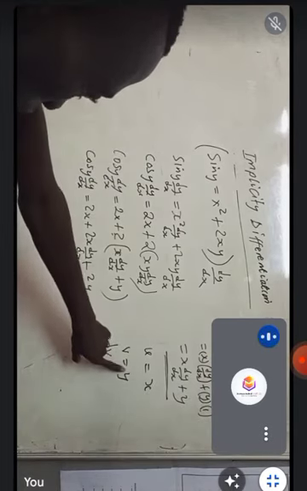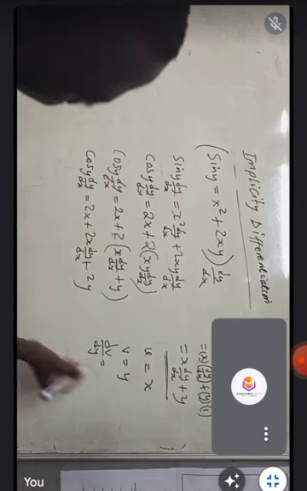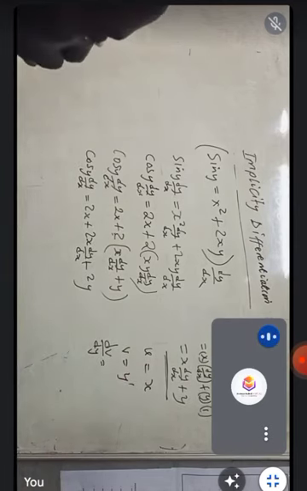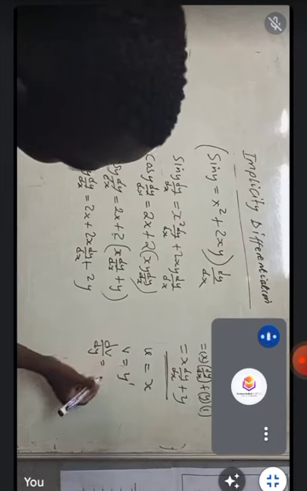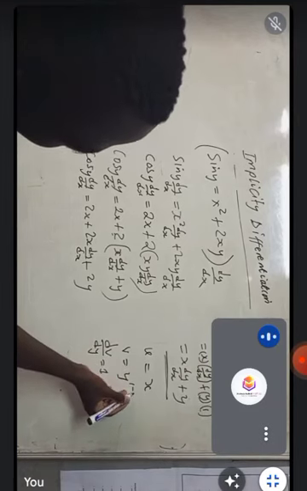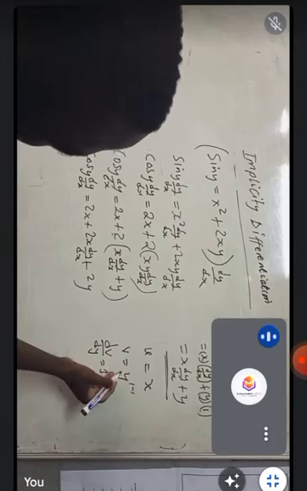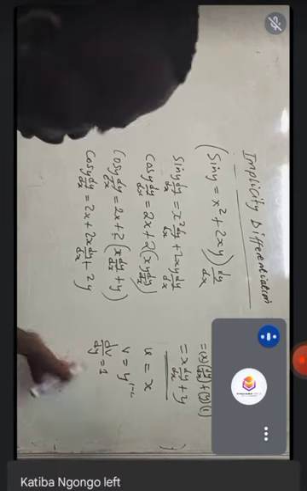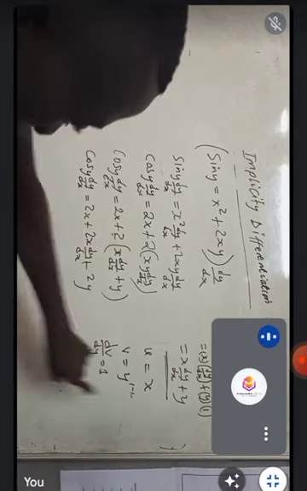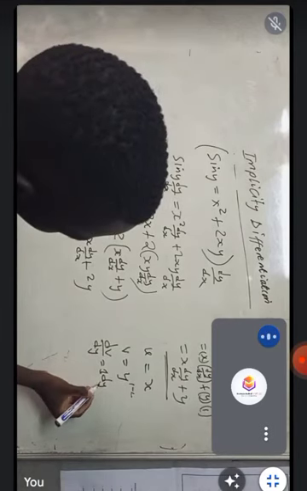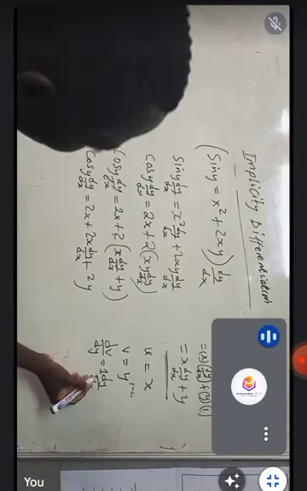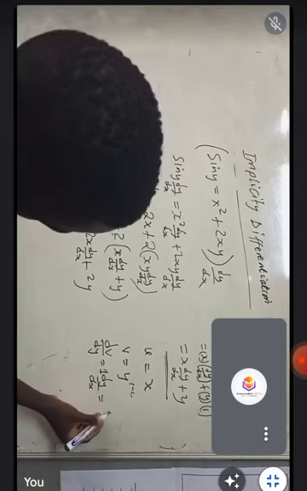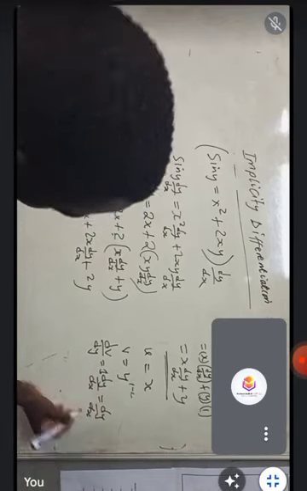How do you differentiate y? This is y to the power 1. So y to the power 1, you drop the power which is 1, then the power reduces by 1. So it will be y to the power 0, which is 1. 1 multiplied by 1 is 1. So since we are differentiating y here, we are going to put dy/dx. 1 multiplied by dy/dx is just dy/dx.